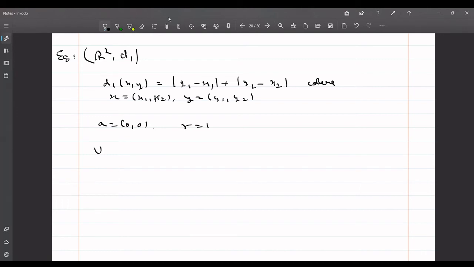So what is the open ball? It is the region where mod of x1 plus mod of x2 is less than 1. What is the closed ball?